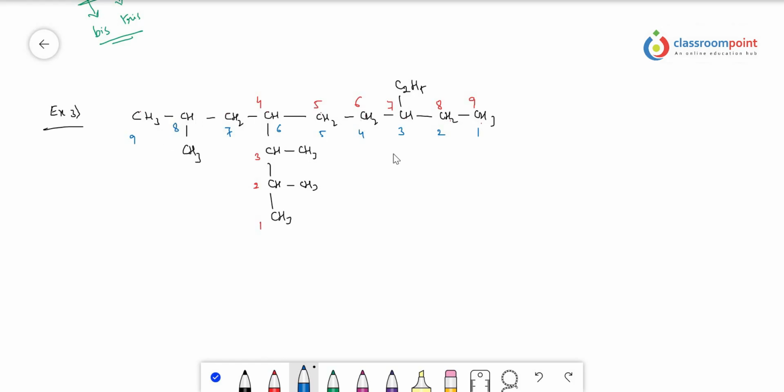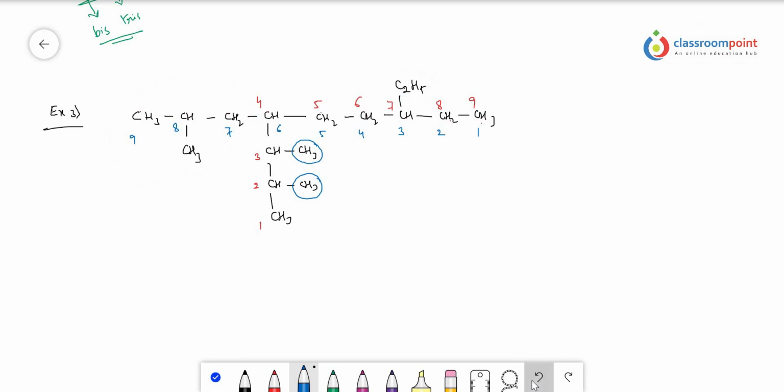So when two chains of equal length are possible, then we have to select the longest continuous carbon chain having more substituents. If you see here, this is one substituent for this chain, the second substituent, this is the third, and this one is the fourth substituent. Totally it has four substituents if you select this one as the longest chain.